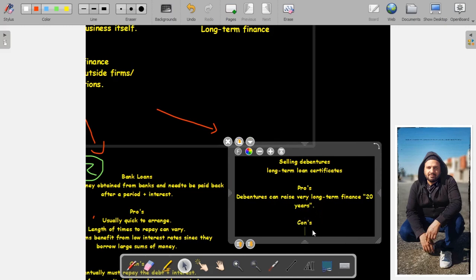Let's talk about disadvantages. The disadvantage is that it's a loan.